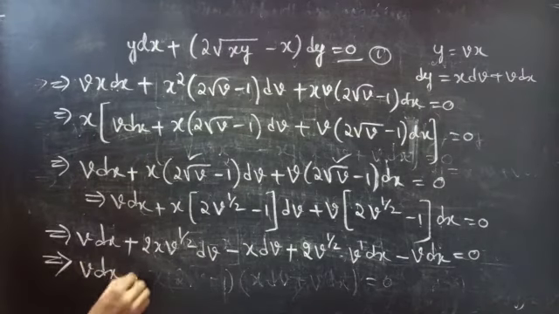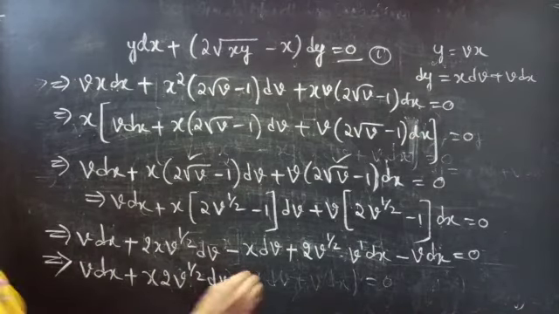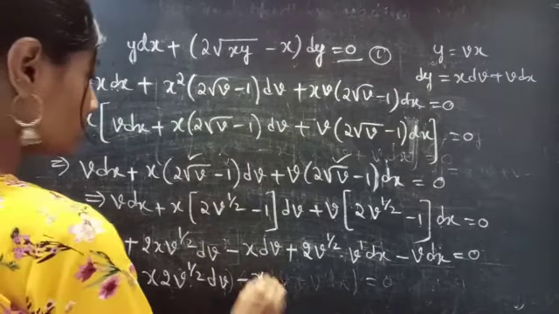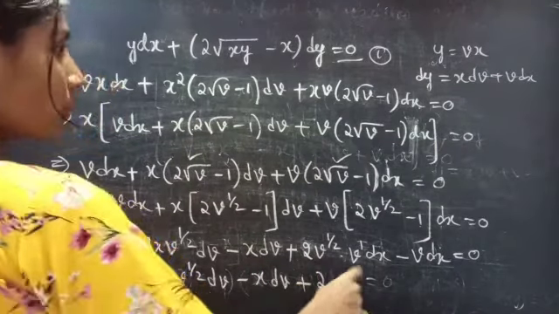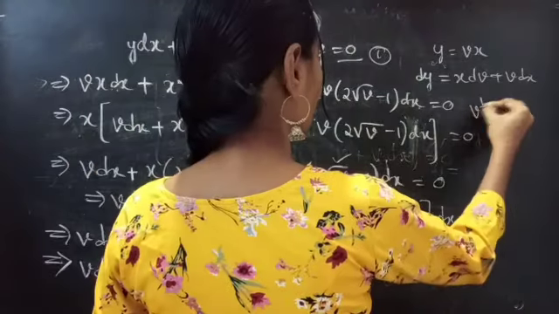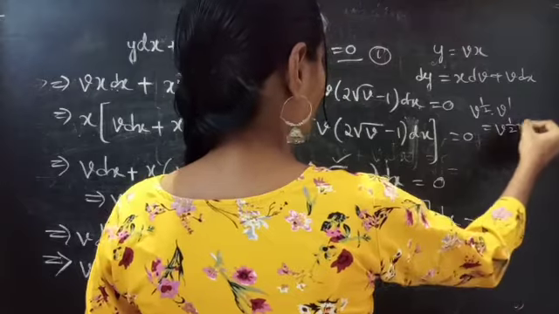Then v dx plus x into 2 into v power 1 by 2 into dv minus x dv plus 2 into v power 1 by 2 into v power 1. Bases are equal, powers must be added.